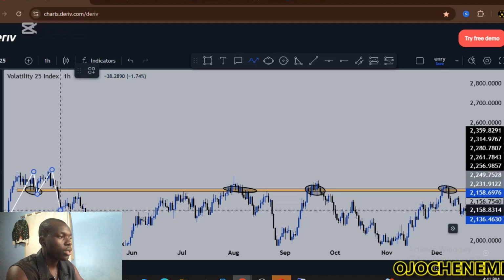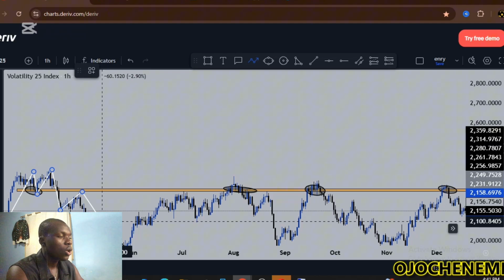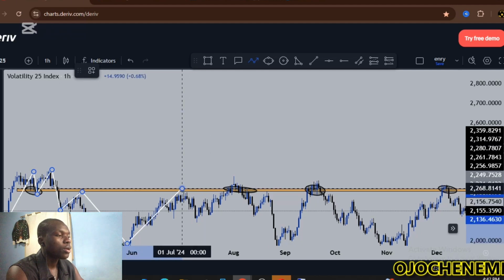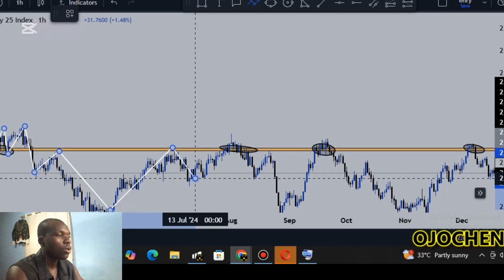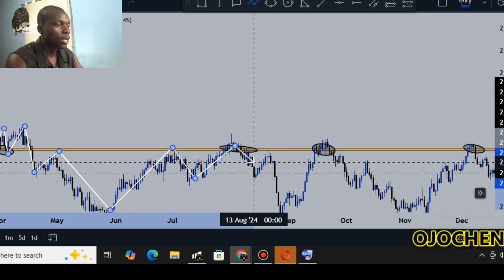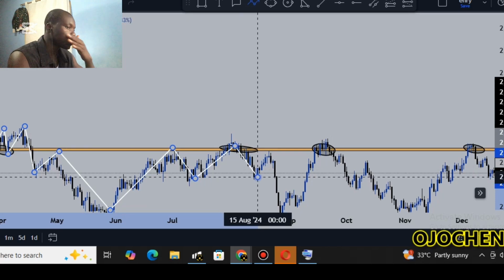The market was coming up, breaks this side, comes to this zone, goes back up, breaks the zone again, comes back to the same zone, a retest, and it is pushed back down. It comes back to the same zone and is pushed back down again. This means there are players there, there are big boys.